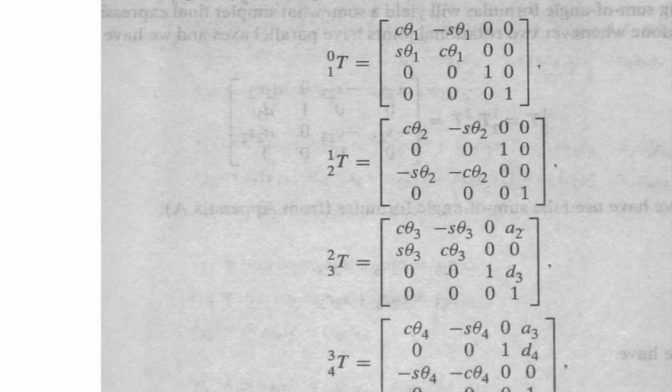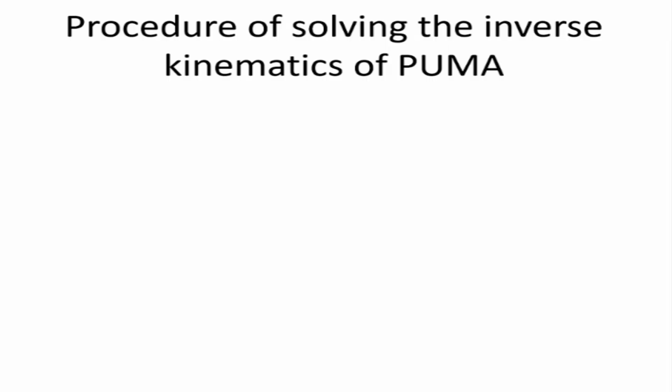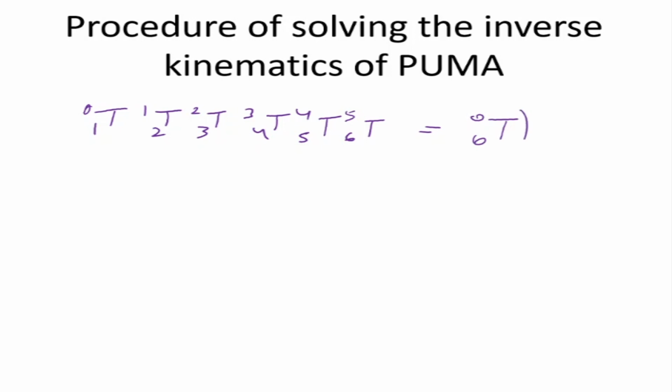Now let me explain the need for this sequence. The procedure for solving the inverse kinematics of the Puma robot: here we have T01, T12, T23, T34, T45, and T56. So 6 of them. And here we have T0 to 6 desired.